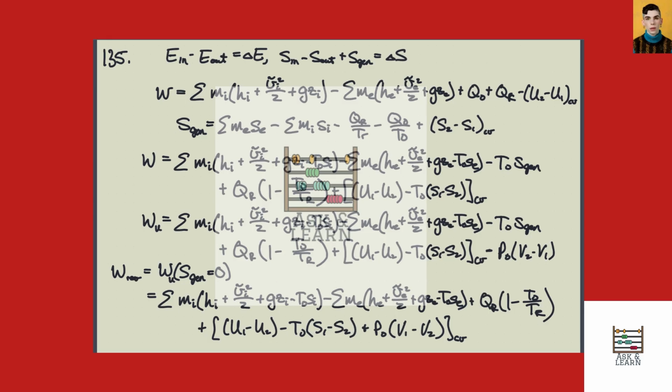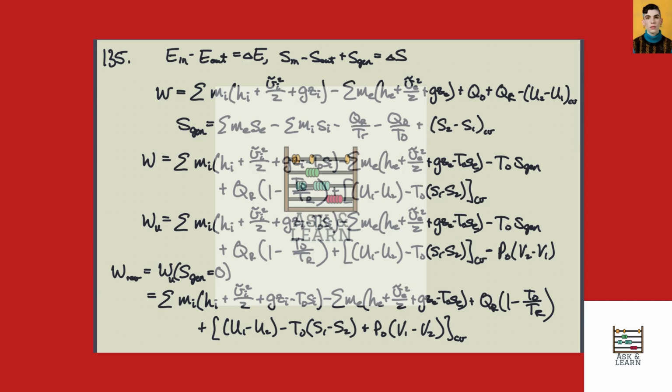Now we need to talk about the usable work. So we need to subtract off the work that we did on the surroundings. So again, this is not a constant volume process, or this term would be 0. We weren't told that it was or that it wasn't.